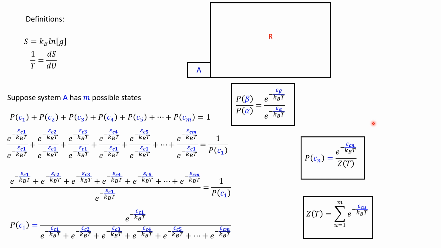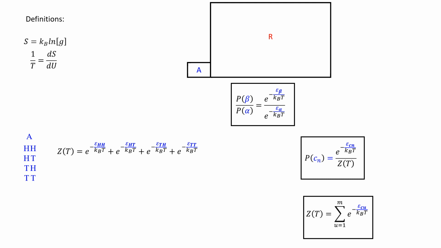We're going to use this result in the next lecture to find the average energy of an ideal gas. It is a major result of statistical physics, as I have already repeated often. So just to conclude this lecture, let's calculate the partition function for an example where system A again has two coins.